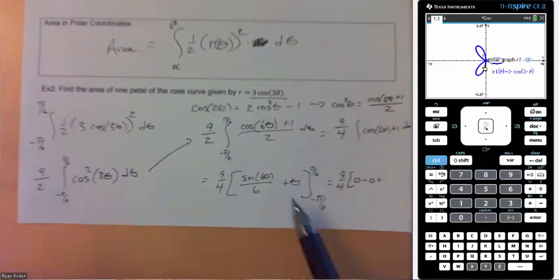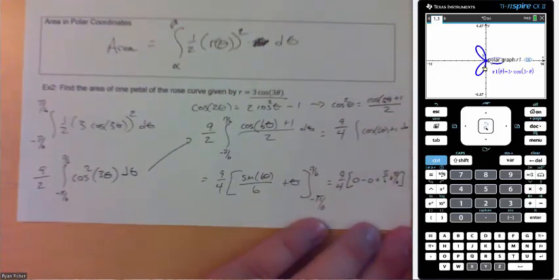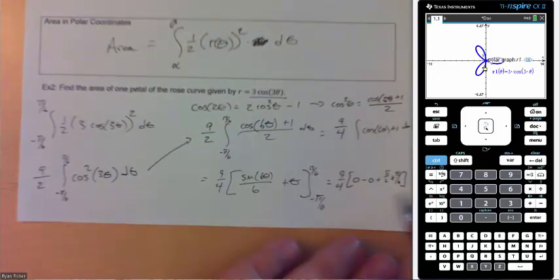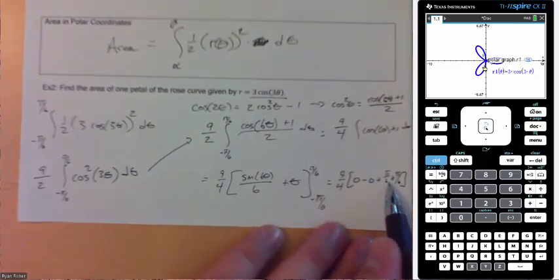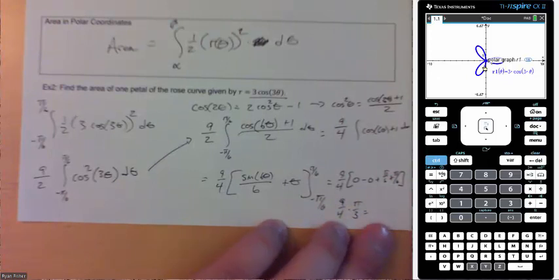Plus pi over 6 minus negative pi over 6, which is 2 pi over 6 or pi over 3. This is 9/4 times pi over 3, which works out to be 3 pi over 4.